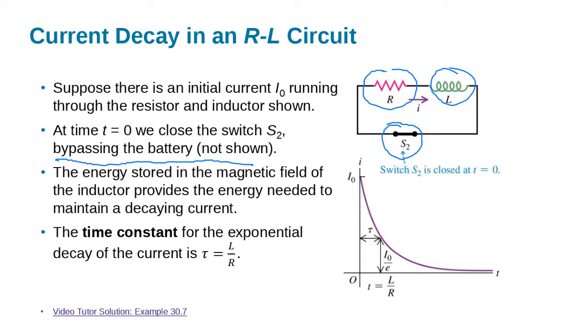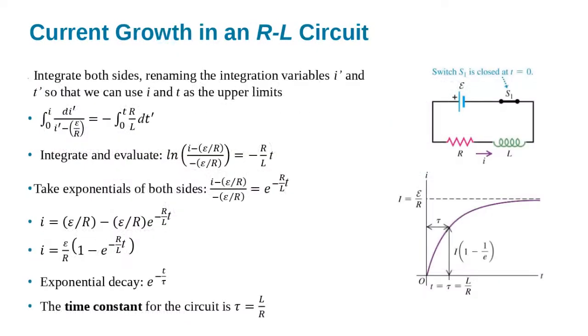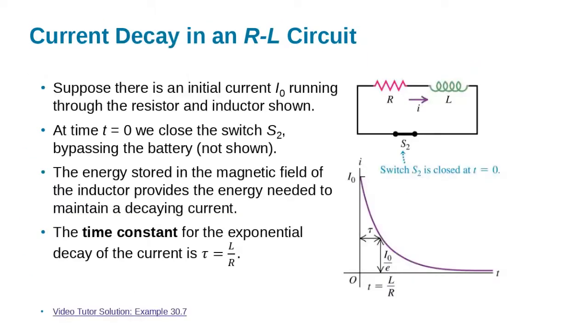So it's just the negative of what happened with the current increase. When we build up the current by connecting to a battery, we have this exponential rise to a maximum value. Then when we disconnect from the battery and discharge through a resistor, we have an exponential decay. So this is just a simpler function than what we had before.